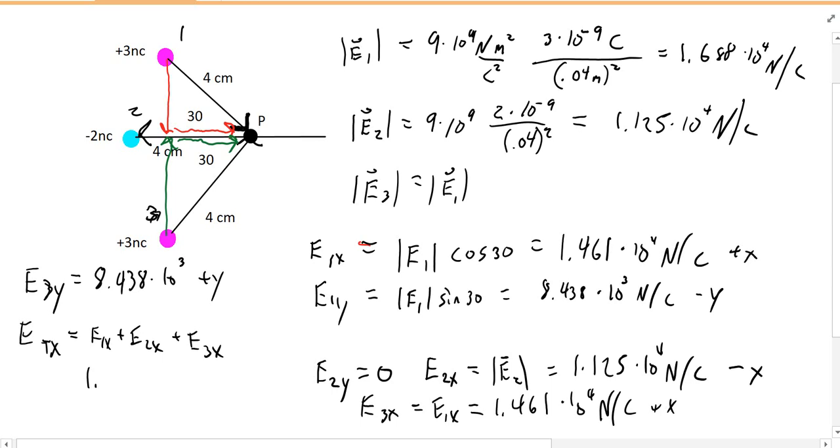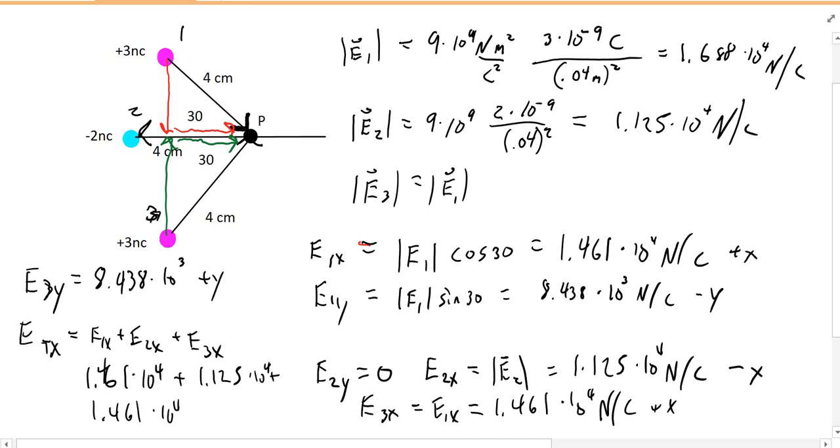So 1.461 times 10 to the 4 plus E2x, which is 1.125 times 10 to the 4. And then E3x is the same as E1x, so that's 1.461 times 10 to the 4.